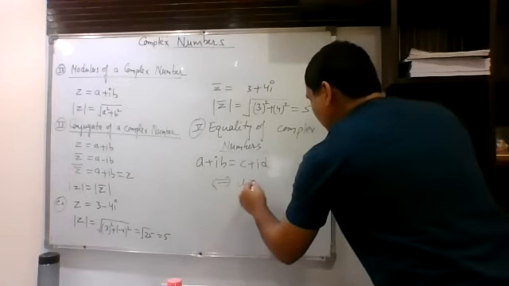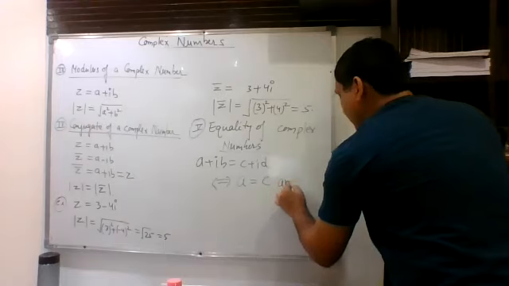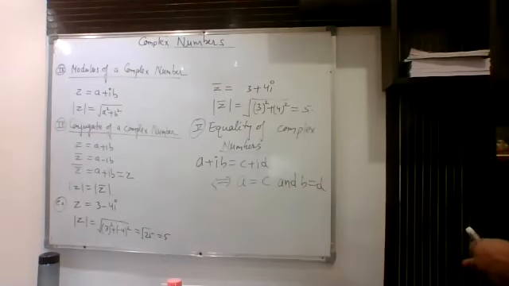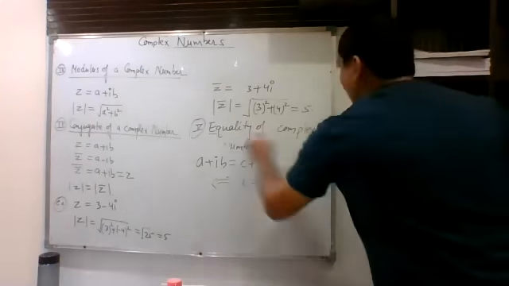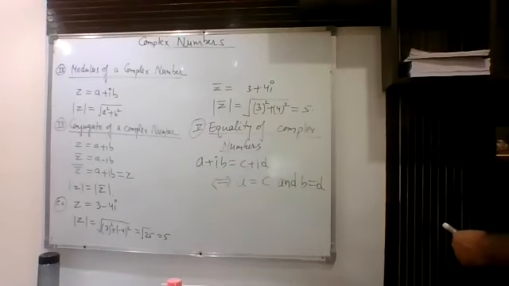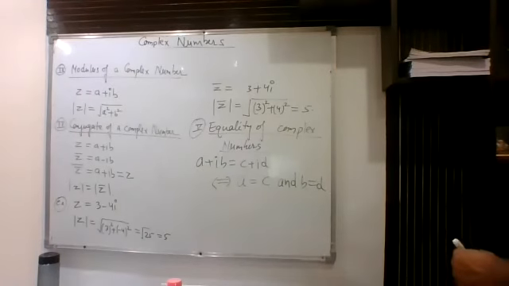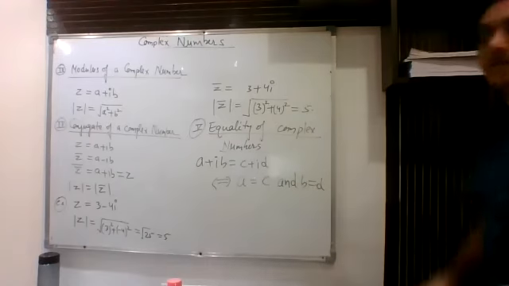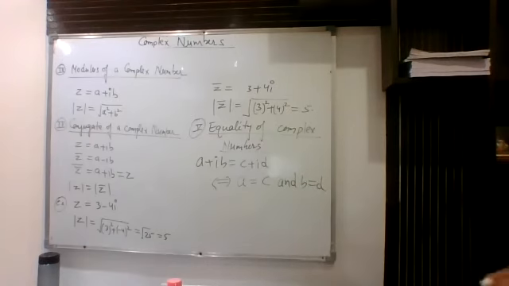That is a should be equal to c and b should be equal to d. So this is how we can define equality of two complex numbers.